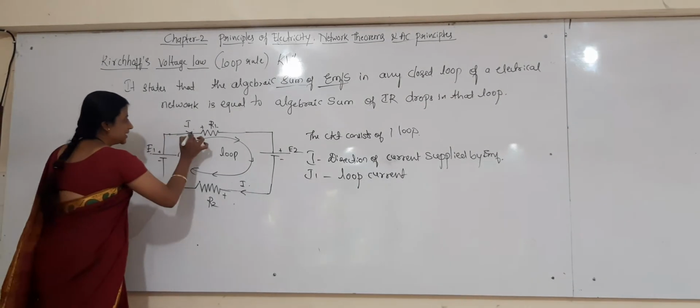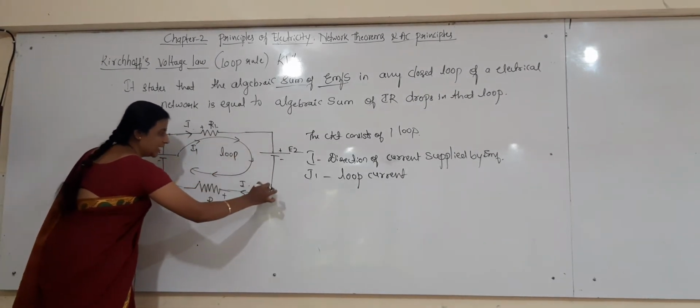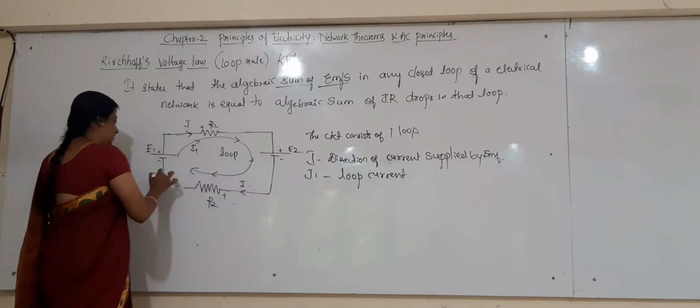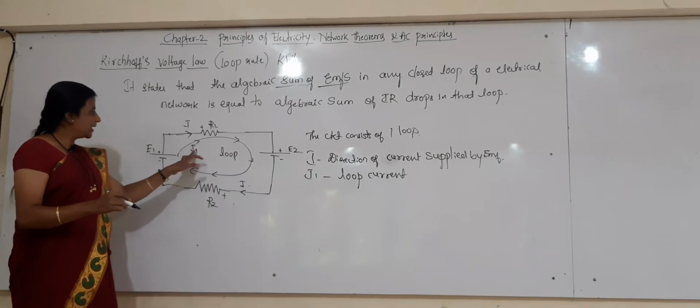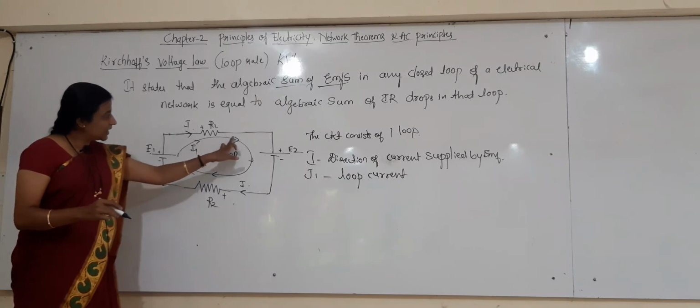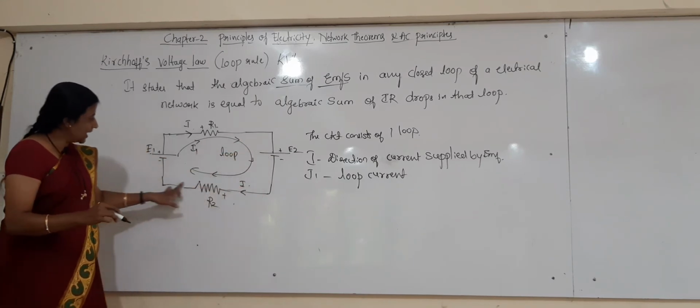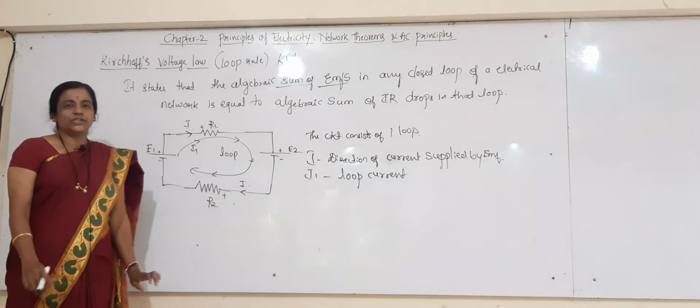It is flowing in this direction and reaches the negative terminal of the battery. Similarly, loop current I1 is flowing in this direction, the same as your convention, meaning assumption.